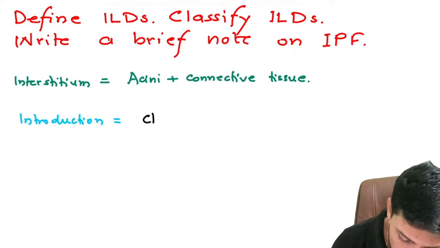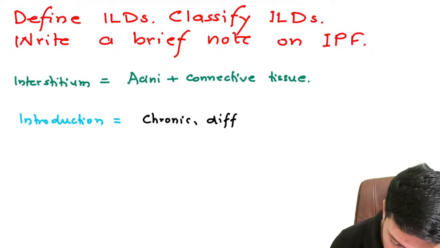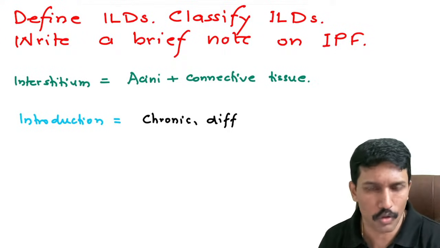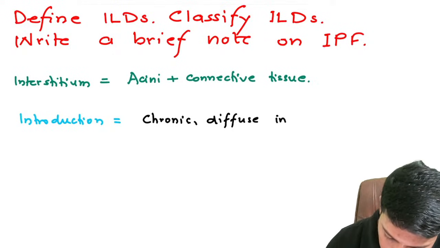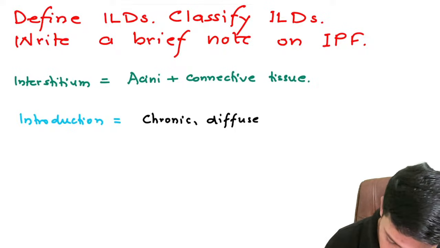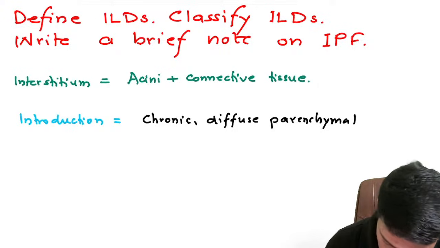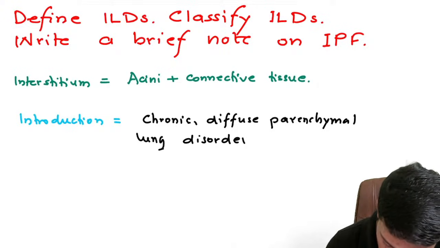these are chronic. So there are some acute variants of ILD. For the simplicity, we will keep it as mainly it is about chronic. Chronic, diffuse, parenchymal, lung disorders.